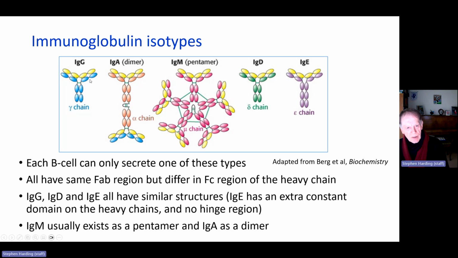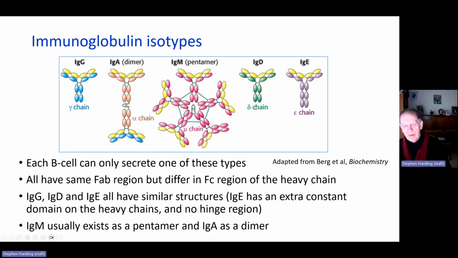And the heavy chains, well, the type of heavy chain dictates the isotype of the molecule. So if an antibody has a gamma chain or gamma chains, it's IgG. Alpha chain or alpha chains, IgA. So it's the correspondence of the Greek: G, gamma; A, alpha; M, mu. So heavy chains are mu chains.